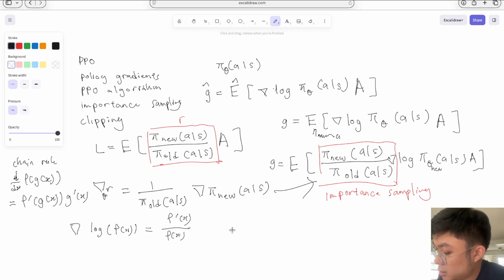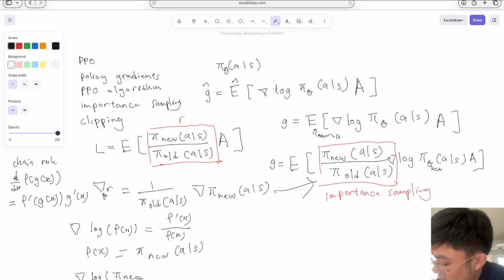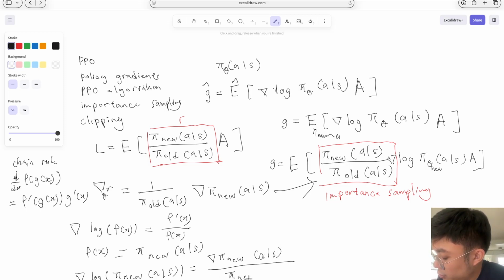So in this case, if we treat this as log of the new policy, so if we take f(x) to be equal to the new policy, then what we actually get is that the gradient of log is equal to the gradient of the policy over the original policy.